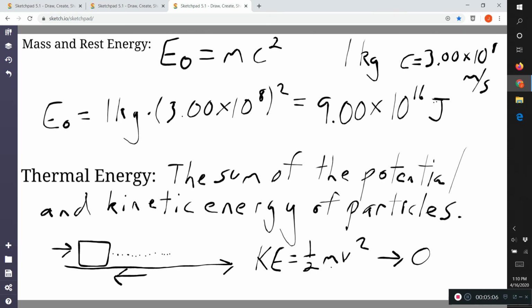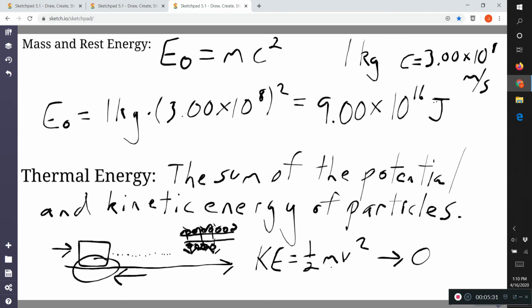Now, how is that true? Well, think about this at a smaller scale. Let's zoom in to what's going on there. What's going on there is we have two surfaces in contact, and those two surfaces have particles in them. And as they rub against each other, it bounces their particles around. Particle motion is part of what thermal energy is.